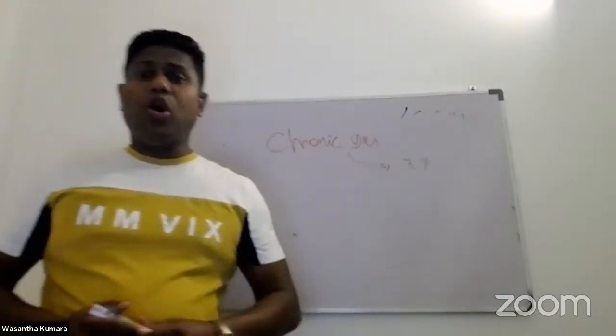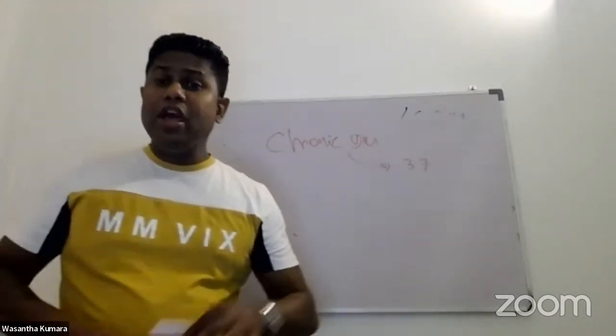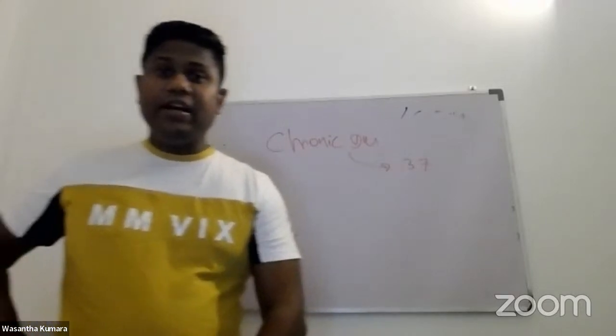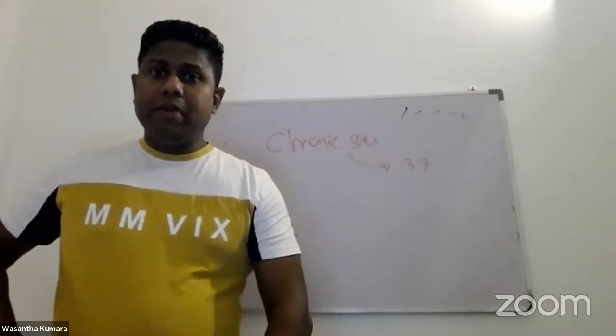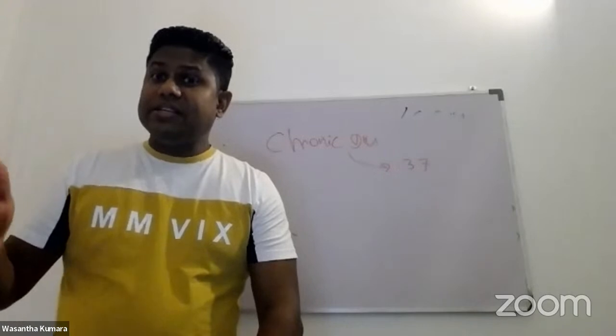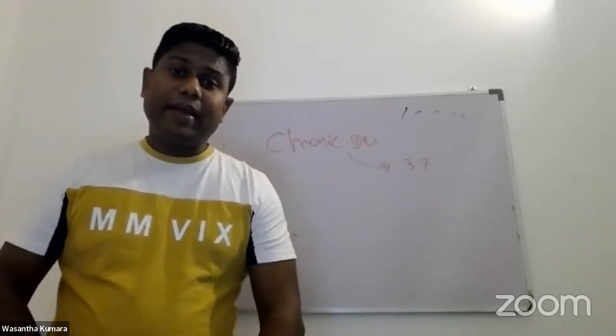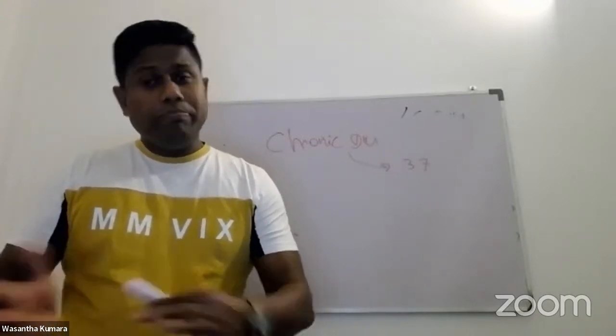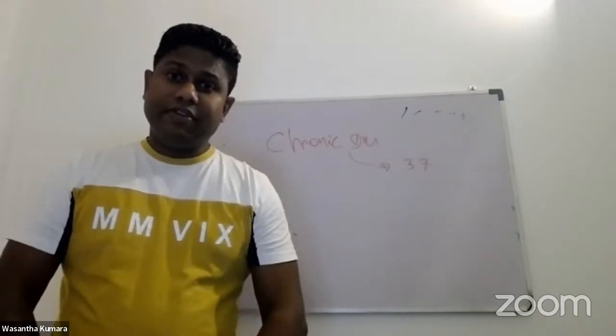In almost all cases of chronic diabetic patients, we deliver by 37 weeks, because going beyond 37 weeks, the risk of IUD and other complications are more. So better to deliver them by 37 weeks.